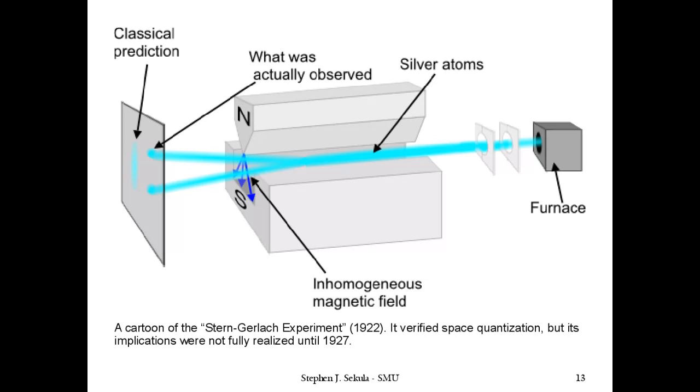Now, this splitting was very hard to observe, and there's a very nice article in Physics Today from last year, I think, that talks about how a bad cigar led to the discovery of what we now call the Stern-Gerlach experimental effect. That was because the original plates they were working with, they weren't doing photographic development. And the beams were so low in yield, and they were getting so little data, that they had to do the measurement very fast, and they didn't have time to observe by eye the splitting effect.